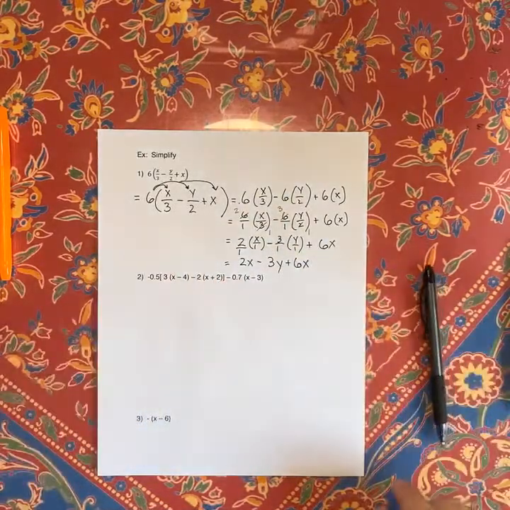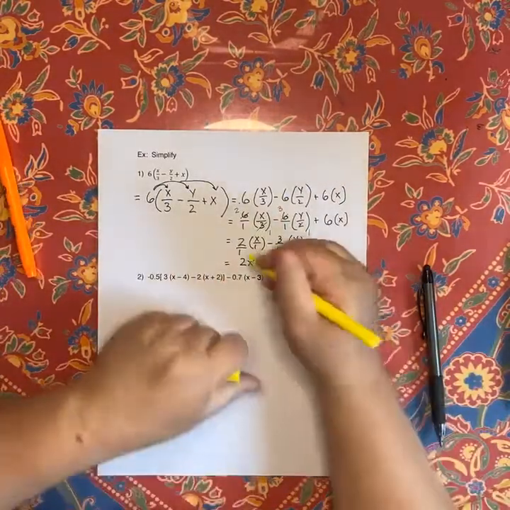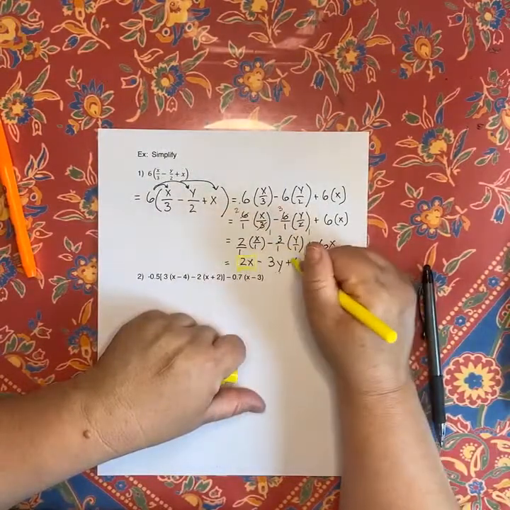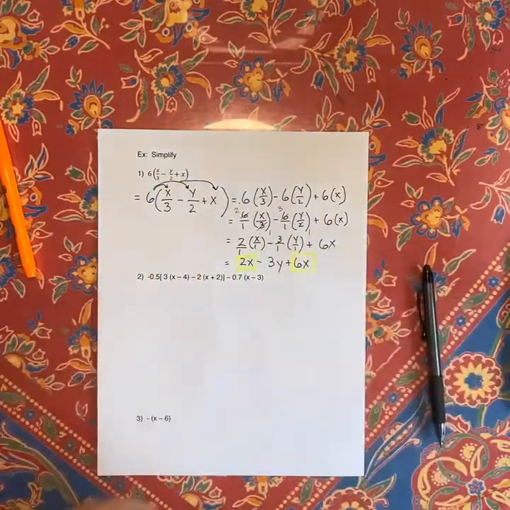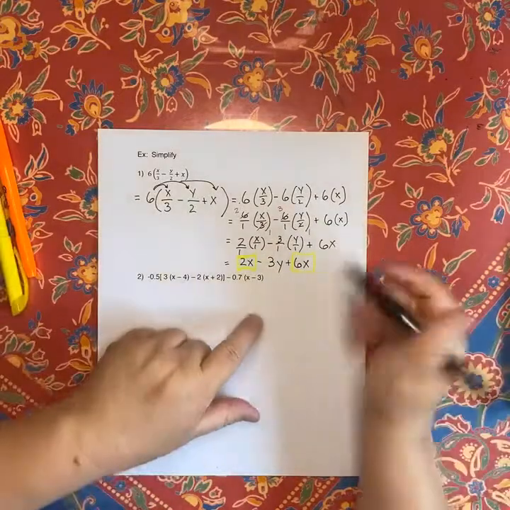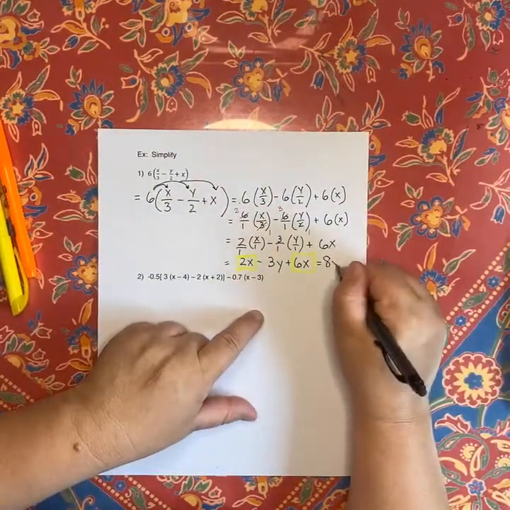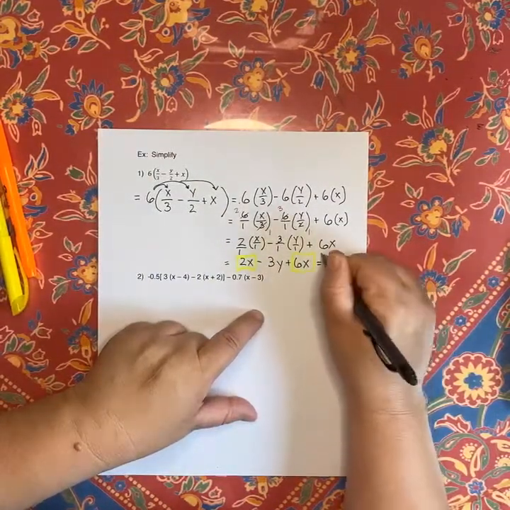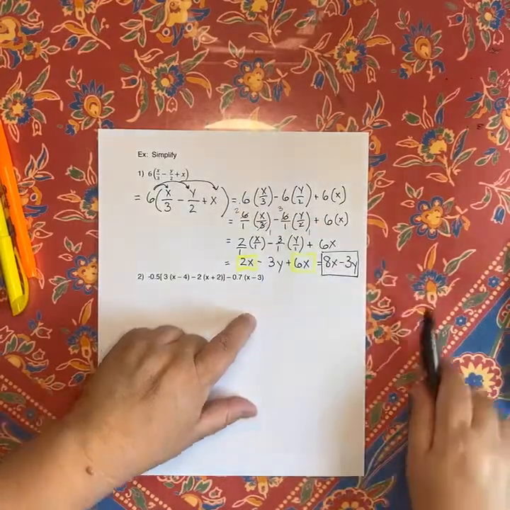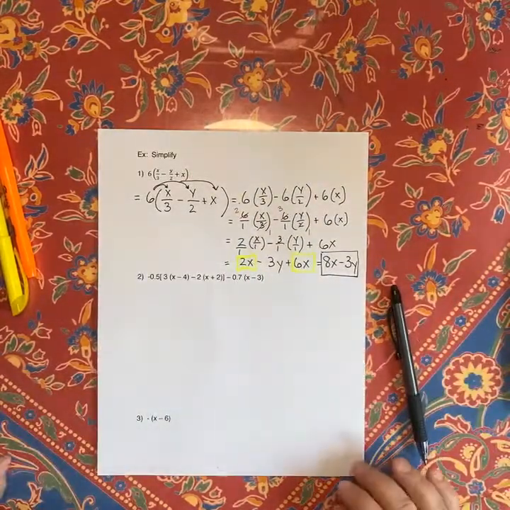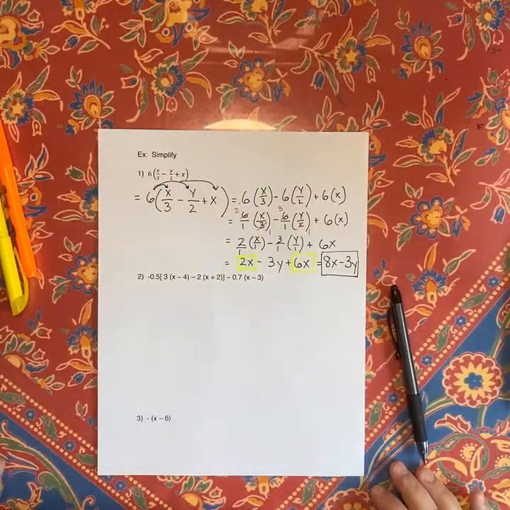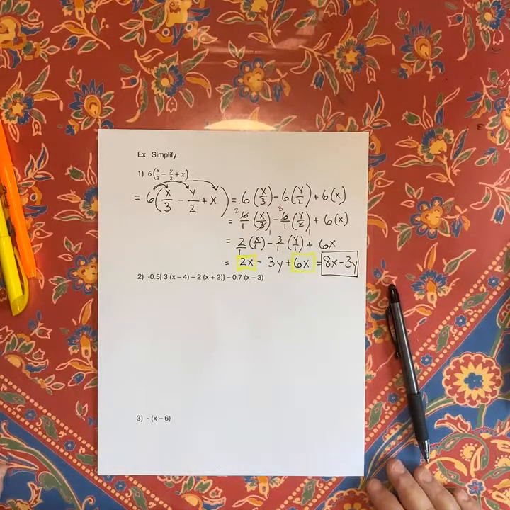And then I say, oh, wait. Look at this. There's a 2x here. There's a 6x here. So altogether, I don't have 2x and 6x. I actually have 8x minus 3y. I mean, it got complicated enough. I'm going to box it because it's a little hard to follow. What do you guys think? Kind of woohoo?